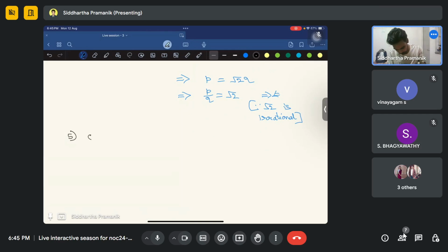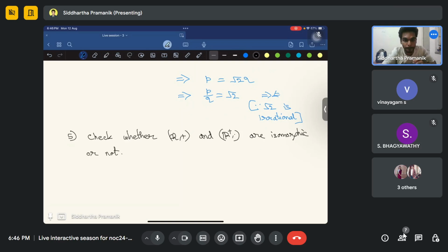So check whether the group Q under addition and positive reals under multiplication are isomorphic or not. Just think for a few seconds.